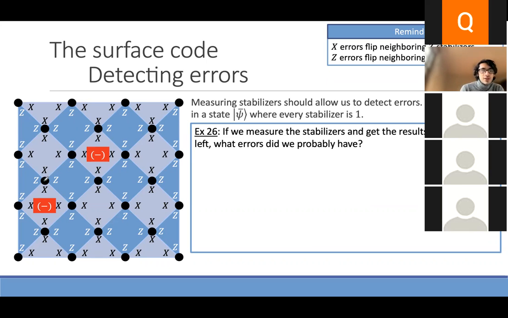And I'll just label some qubits as A, B, C, D. Great. So I'm getting two correct answers in the chat, but they disagree with each other. So that's interesting. Let's think about that.